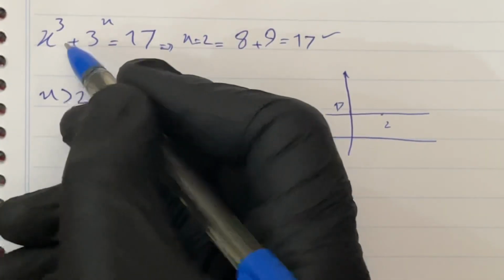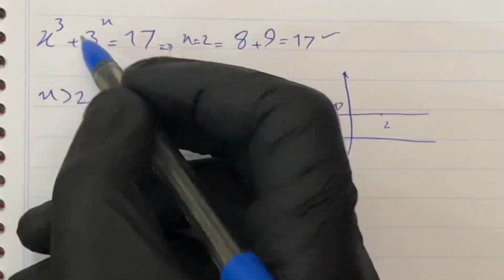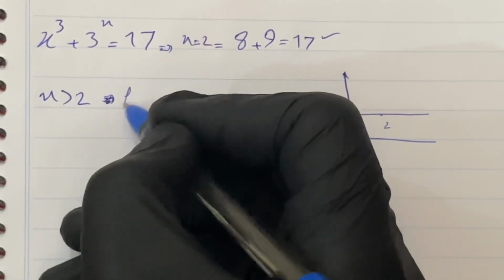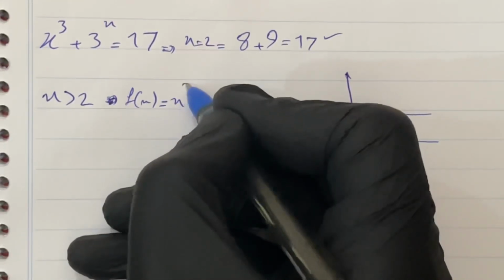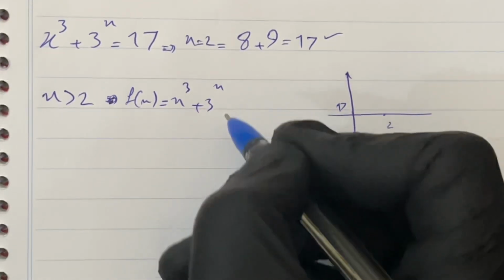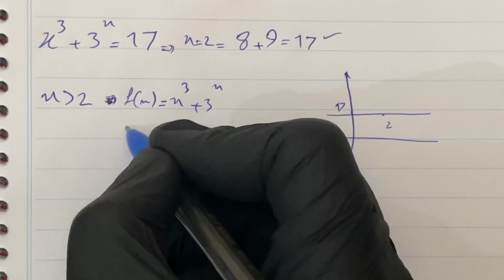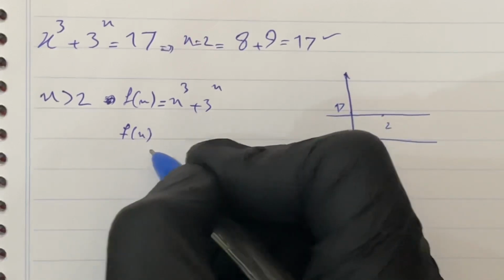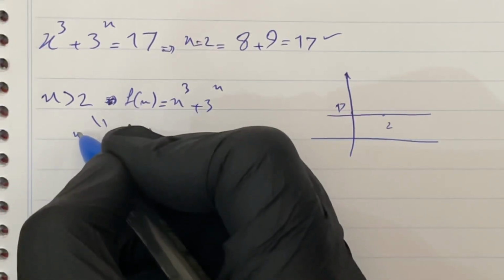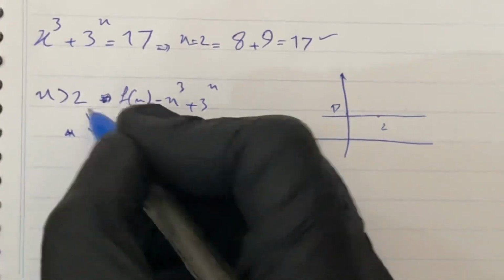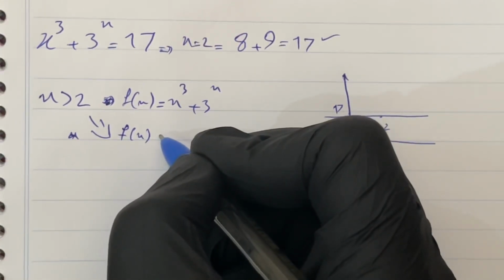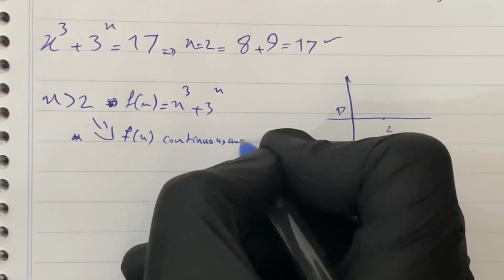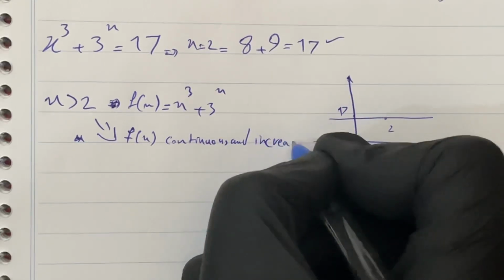You can just test that the left-hand side, if we name f of x equals x to the power of 3 plus 3 to the power of x, then for x larger than 2, f of x is always continuous and increasing.